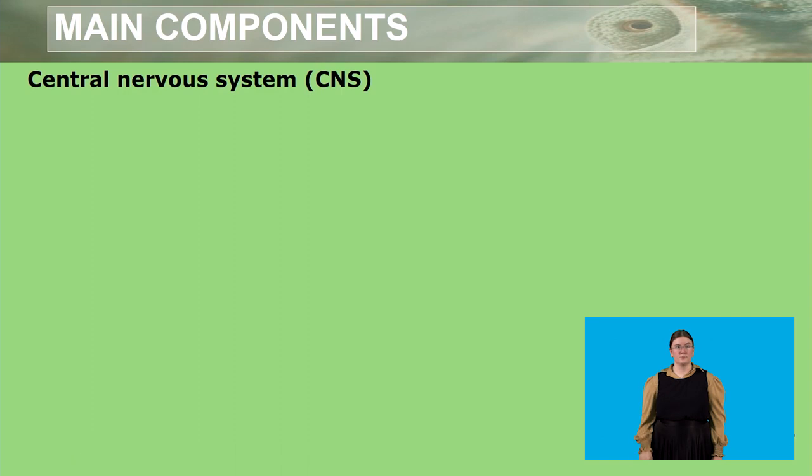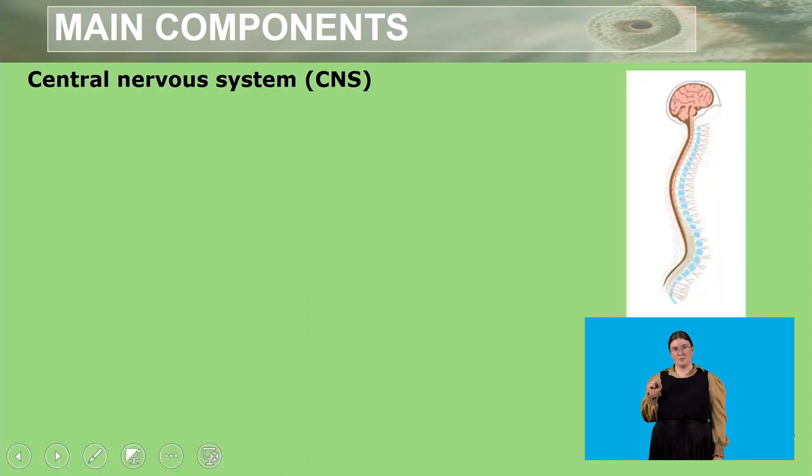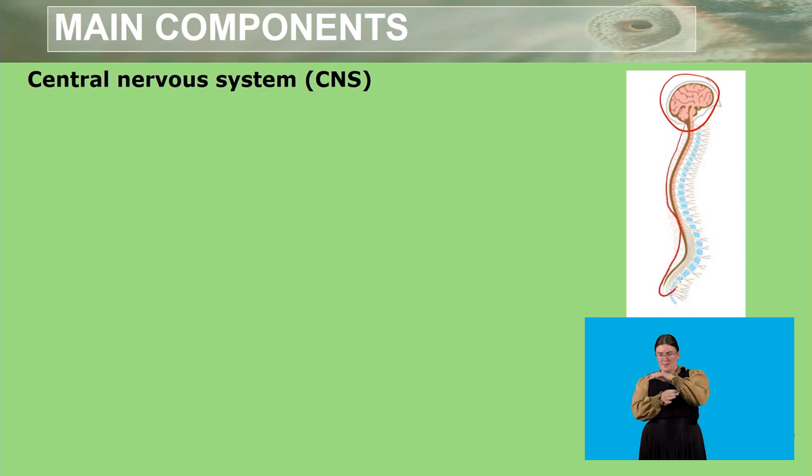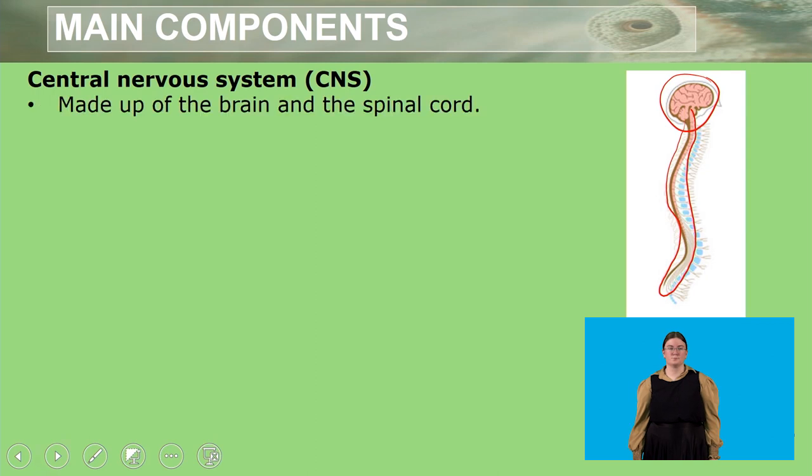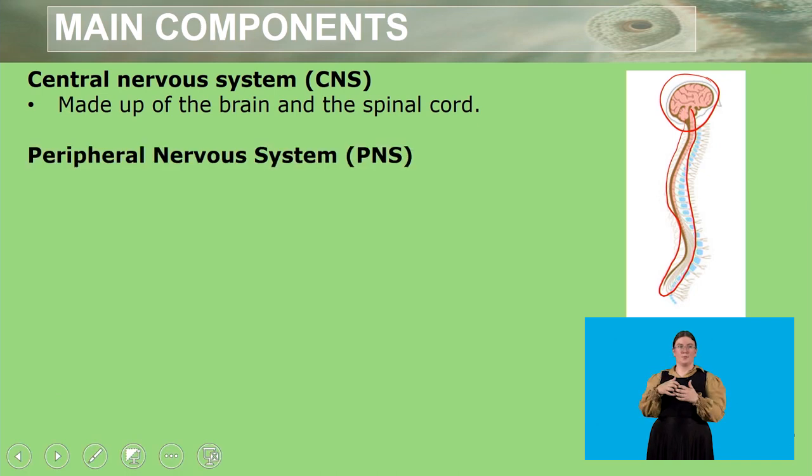So we have the central nervous system, as mentioned in the previous slide. There we have mentioned that it consists of the brain and the spinal cord. Then we have the peripheral nervous system.